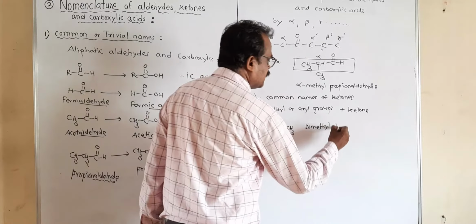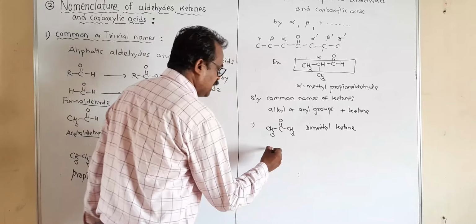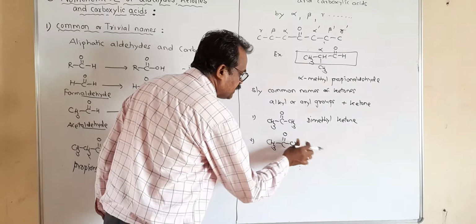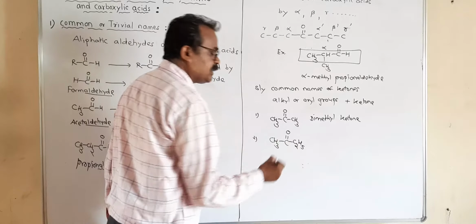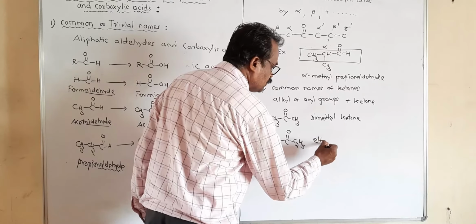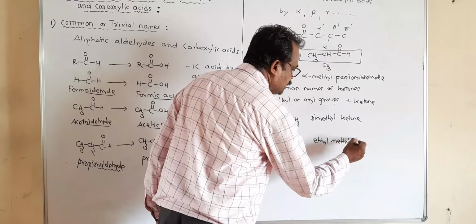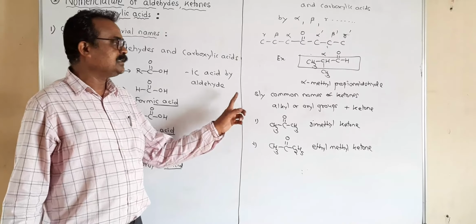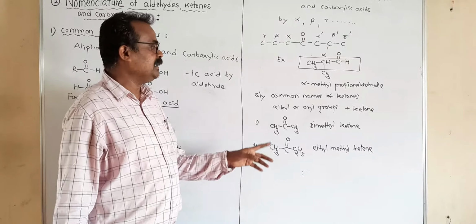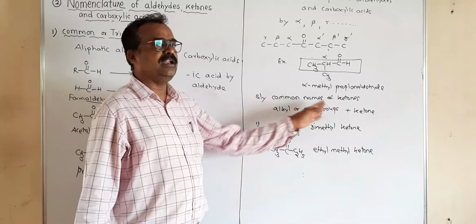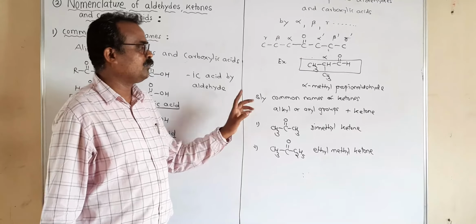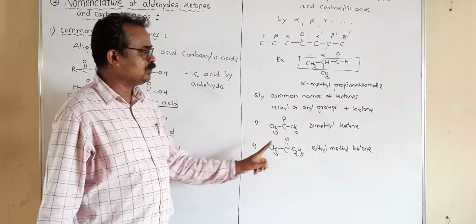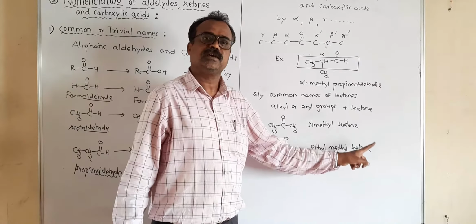So this is known as dimethyl ketone. If the alkyl groups attached to the keto group are different, then they are written alphabetically. So this is known as ethyl methyl ketone. So the common name of ketones is written by writing the names of alkyl or aryl groups alphabetically followed by the word ketone.